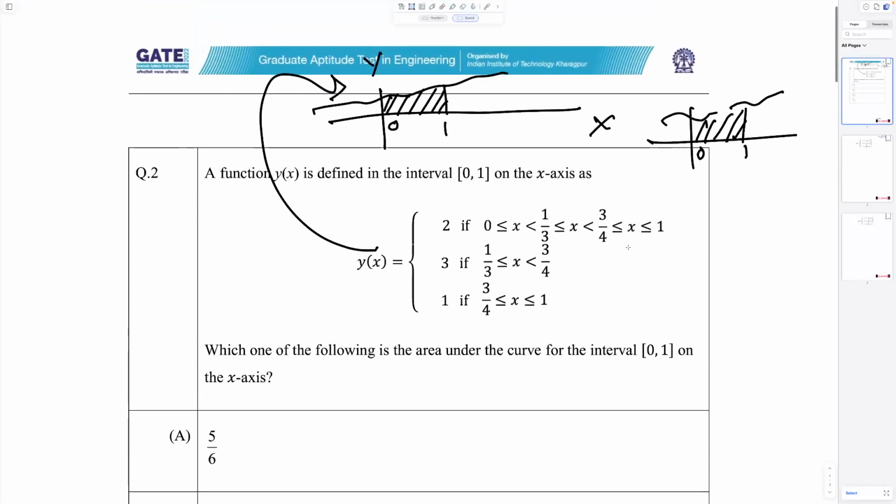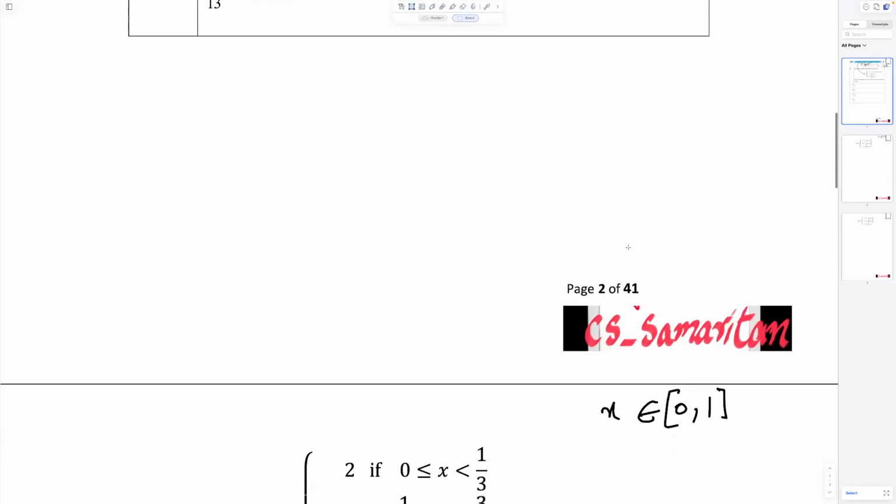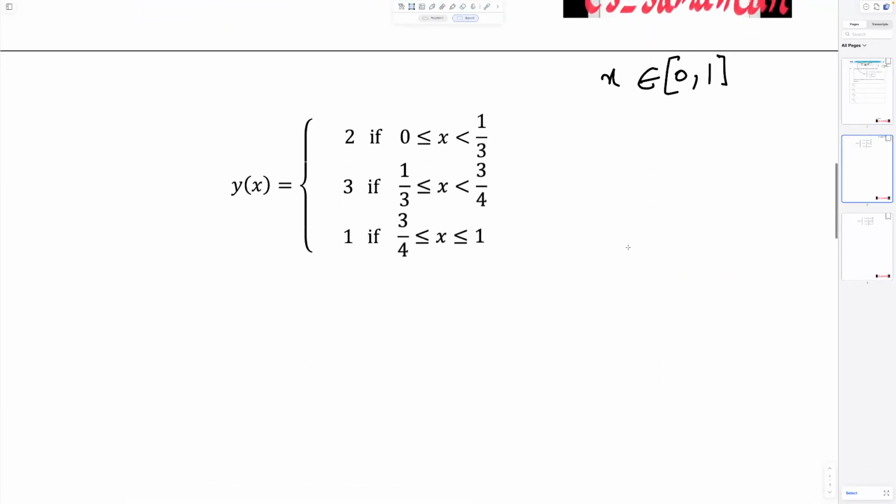So let's find it. I will give you two methods to find it. First is very simple and kind of direct. Basically, draw the graph and find it directly, because there are not too many values, so we directly play with the values and form rectangles, because these are basically going to be straight lines.